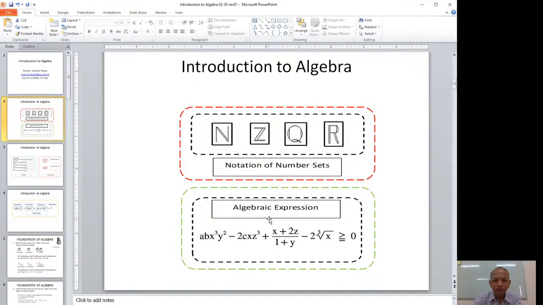You have to remember what we call an algebraic expression.